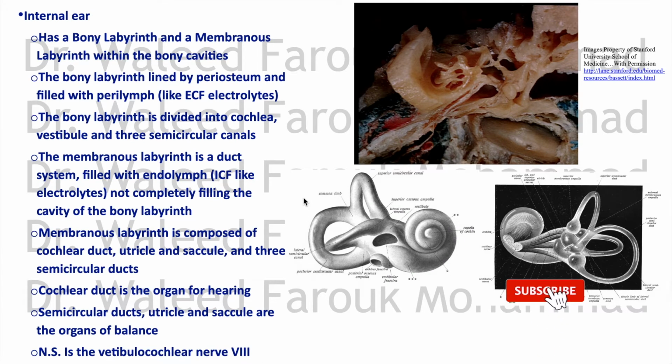After completing the learning about the external and middle ear, now we are encountered with the inner ear. Actually, the inner ear is a series of carvings inside the bone to form what's so-called the bony labyrinth, and it's almost filled up with a continuous duct system that doesn't completely occupy the space inside within the bone.